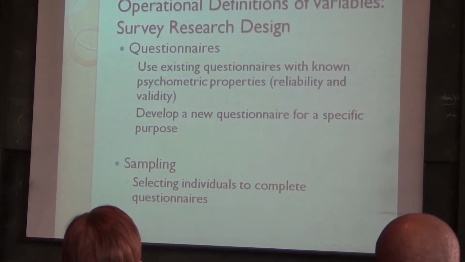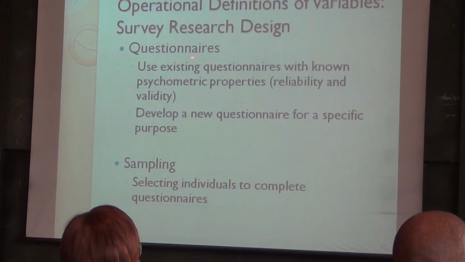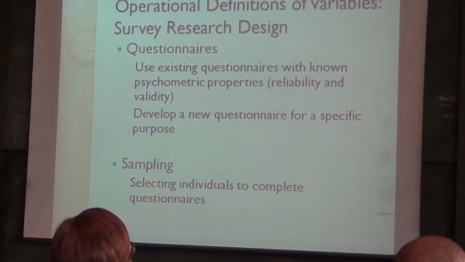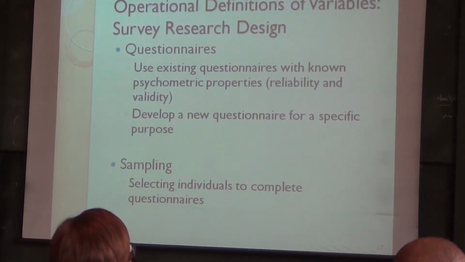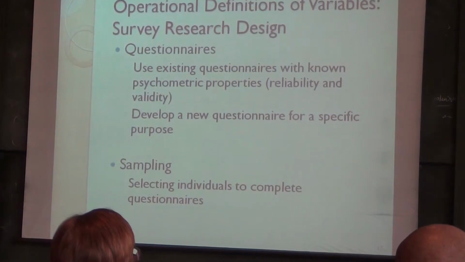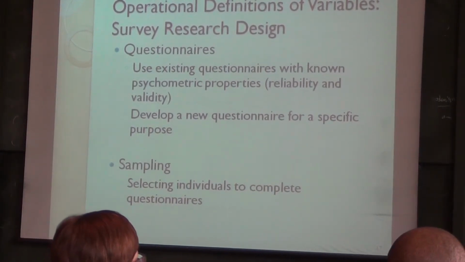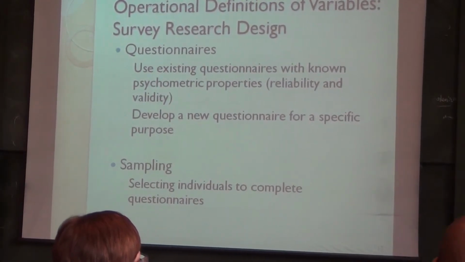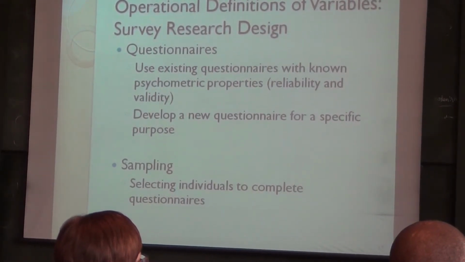So that's in terms of research designs. The one that you are most likely to use in quantitative research will be a survey research design, where you hand out questionnaires to a large group of individuals and you get their responses on various topics.